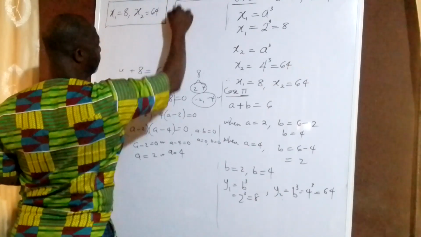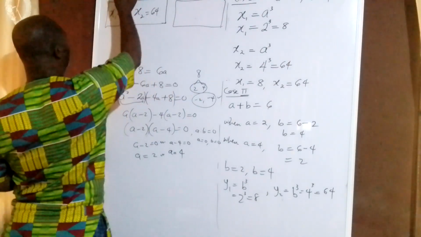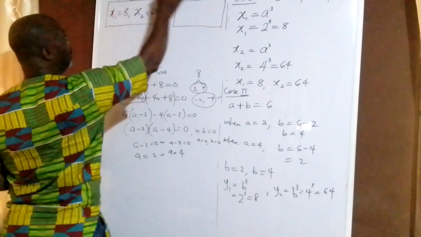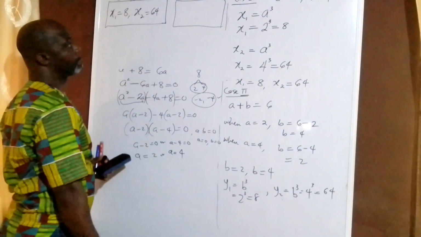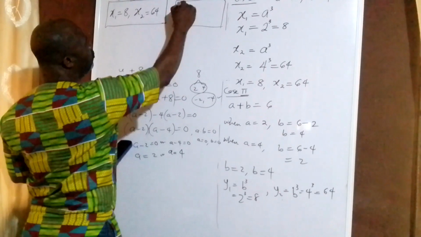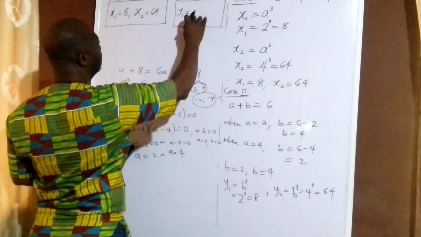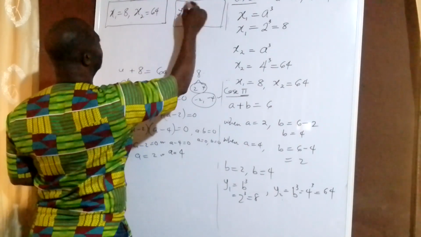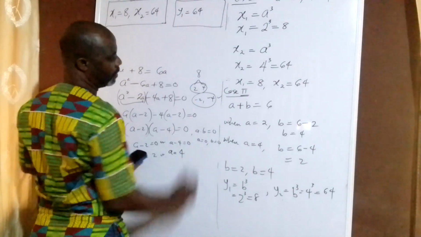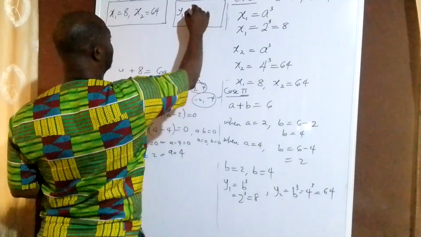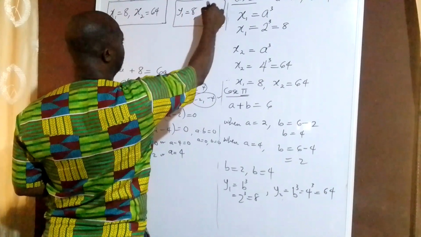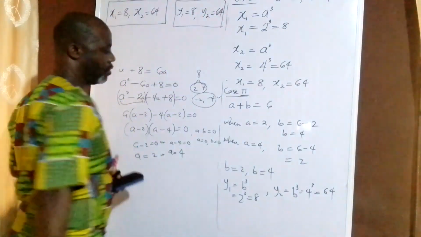This is for case 1 and this is for case 2. So for case 2, y1 will be 8 and y2 will be 64.